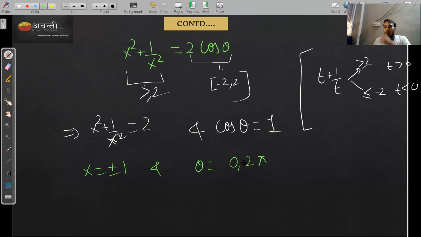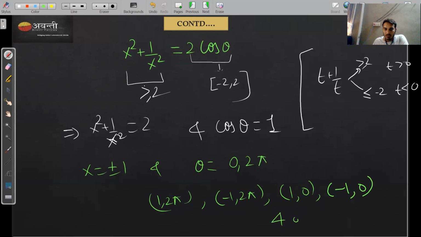So how many ordered pairs are you getting? (1, 2 pi), (minus 1, 2 pi), then (1, 0), then (minus 1, 0), right? So 4 ordered pairs, right?